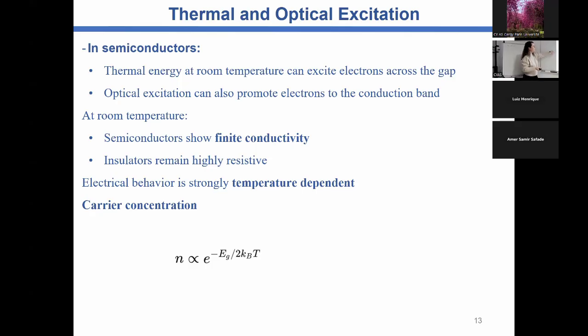So if we are analyzing an electrical property of a material and we want to know, for instance, its mobility or its number of carriers, we must evaluate it in terms of temperature, because at high temperature we give sufficient energy to have more carriers.